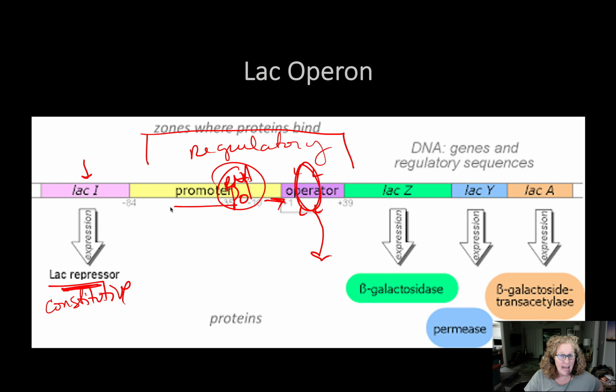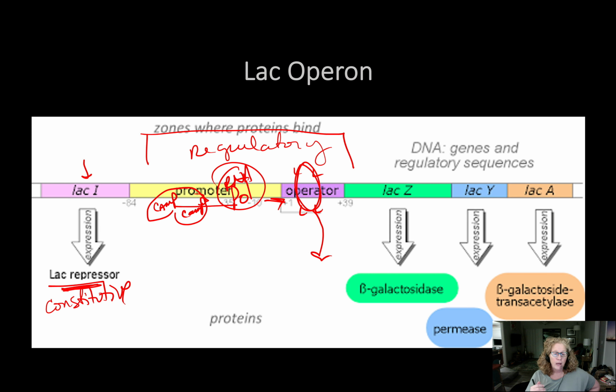And the CAP, or catabolite activator, can only bind, right? It can only bind if cyclic AMP is bound to it. So in order for me to transcribe and translate my Lac Operon, I need a couple of things.